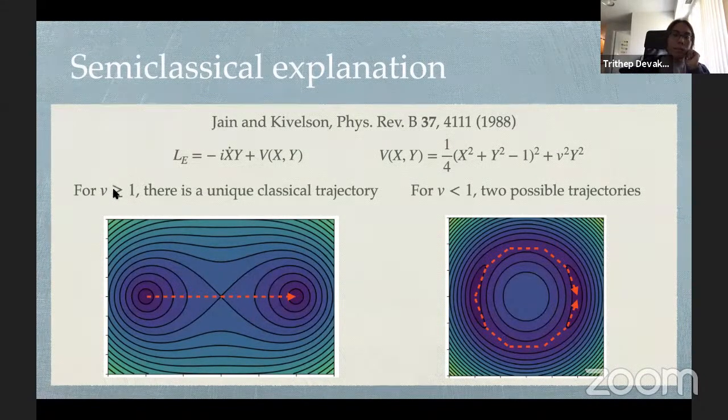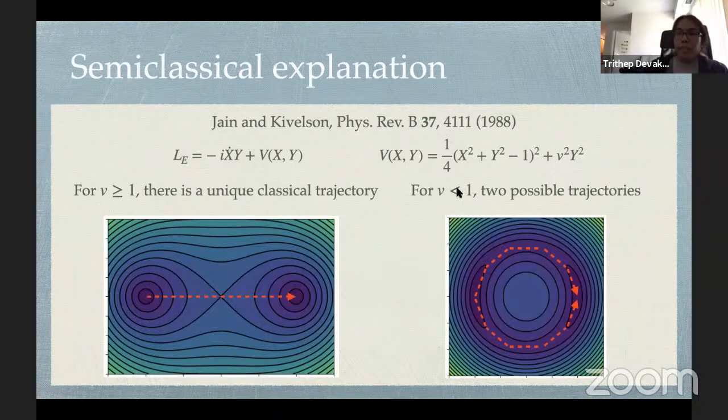And what you find is that for V greater than or equal to 1, there's a unique classical tunneling trajectory. So there's going to be some classical path for X and Y, and these are going to be complex generally, but the projection onto the real plane of these paths for V greater than or equal to 1 just goes from this one Dirac point to the other.